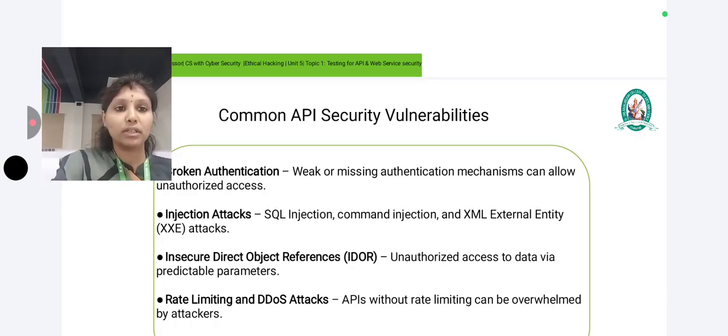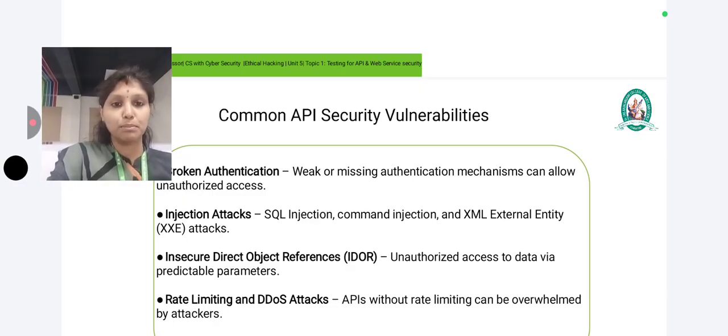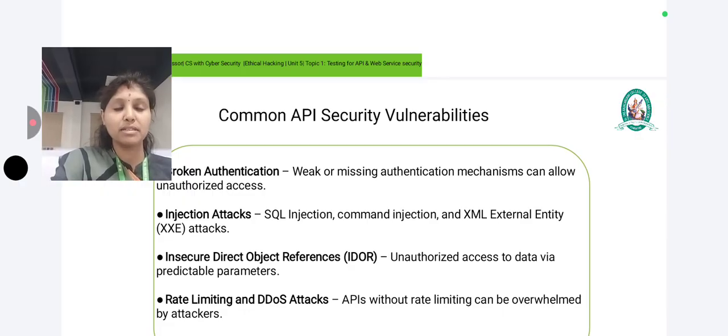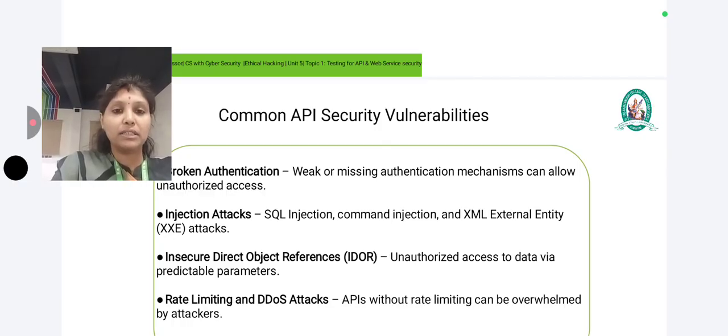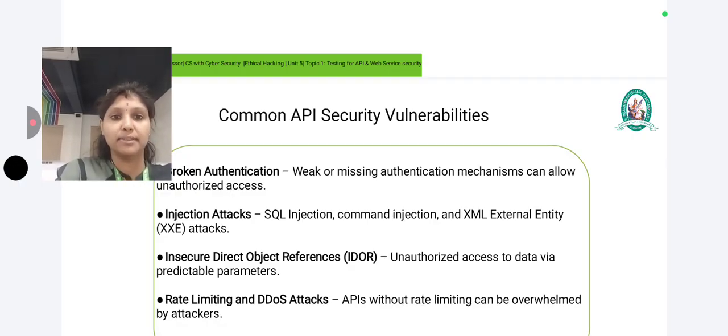The acronym for XML external entity is none other than XXE. Insecure direct object references, unauthorized access to data via predictable parameters, and then rate limiting and denial of service attack. APIs without the rate limiting can be overwhelmed by attackers.